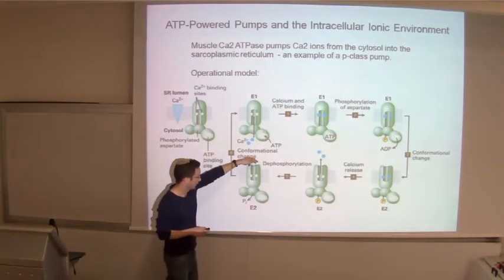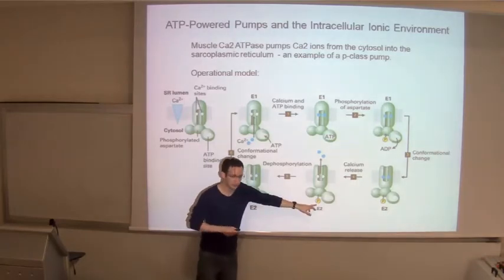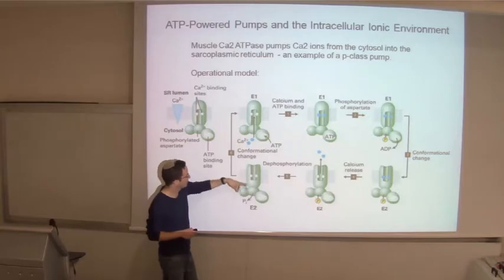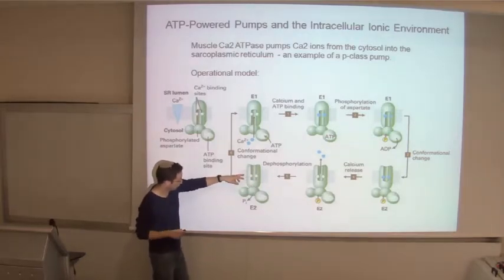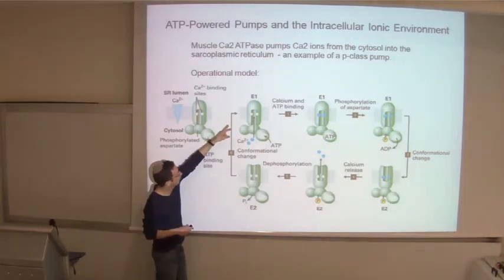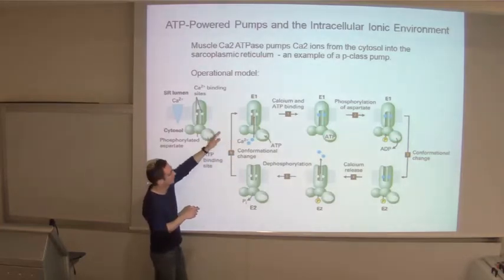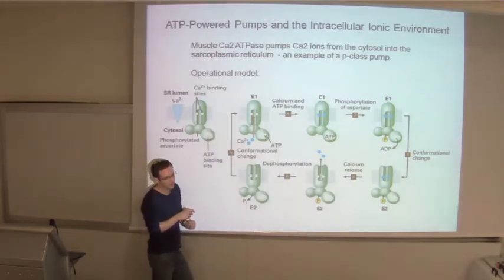Then dephosphorylation of the aspartate residue right here, the phosphate leaves its binding site, drives the conformational change from E2 back to E1, where again the calcium binding sites face the cytosolic site. And the protein is ready to transport the next 2 calcium ions.